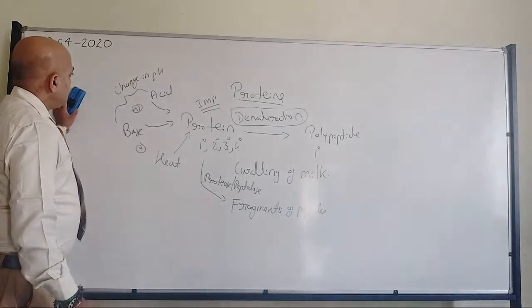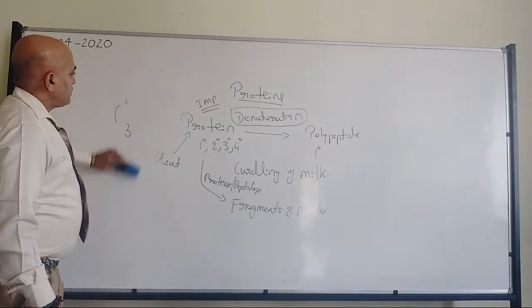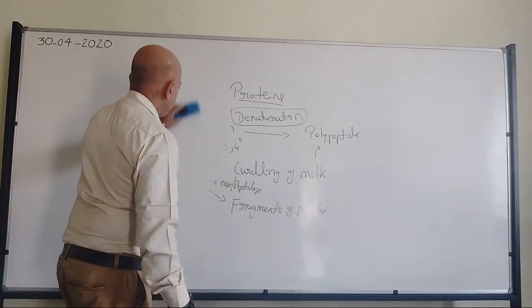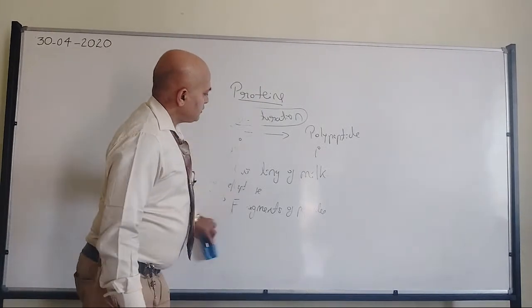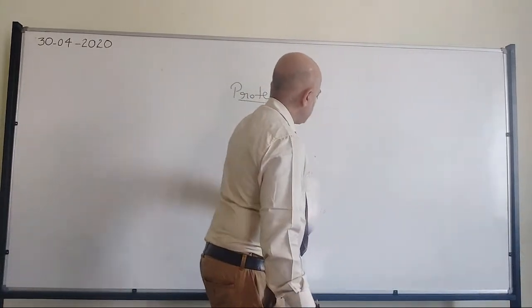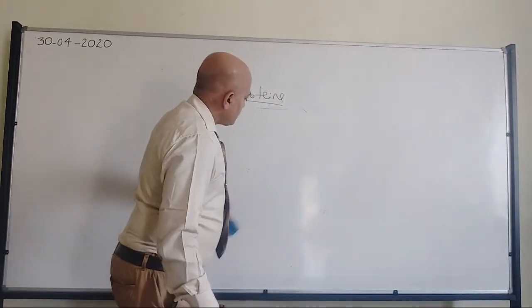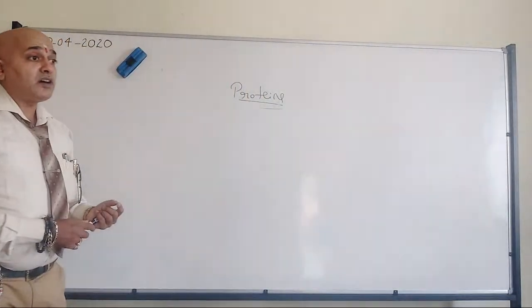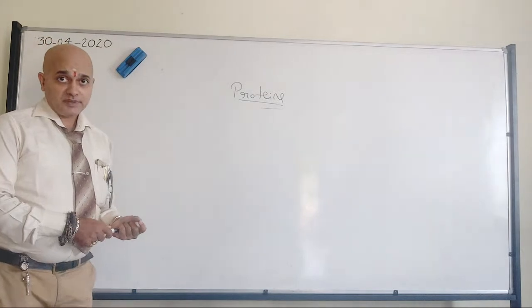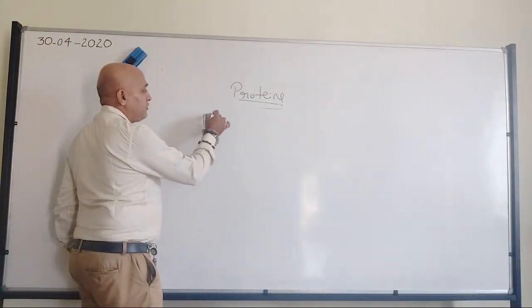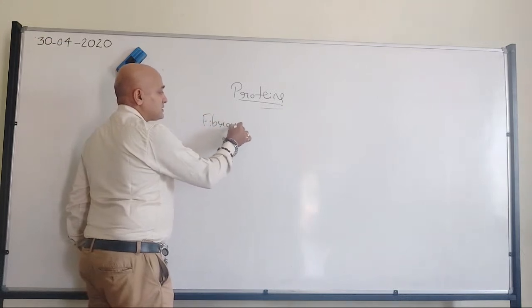Okay? So now, last part of the proteins. That means, I am talking about different types of proteins. Now, when I am talking about different types of protein, based on the shape of the protein, we can have fibrous.